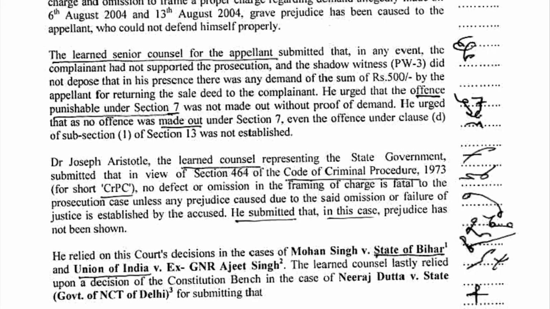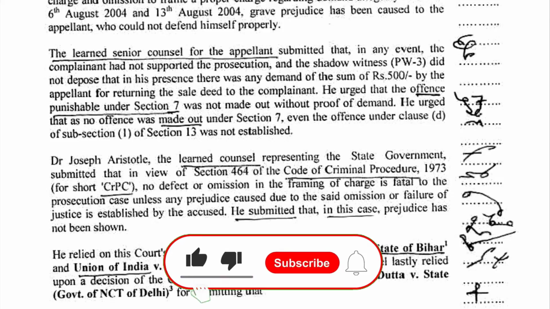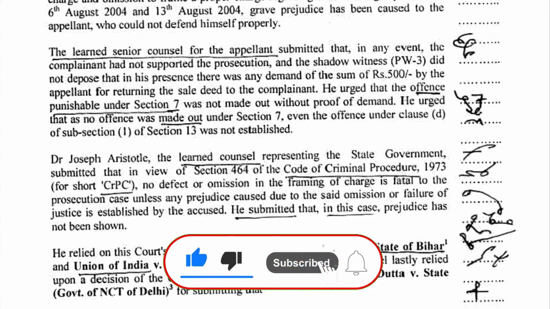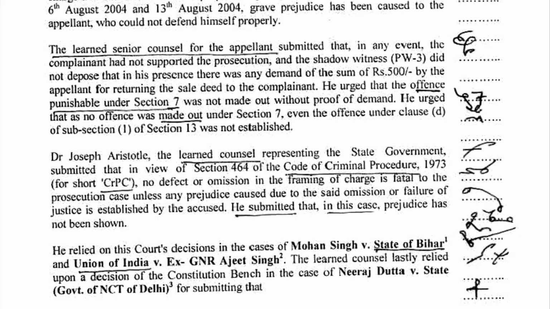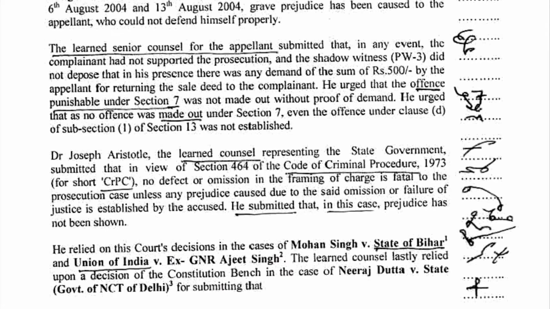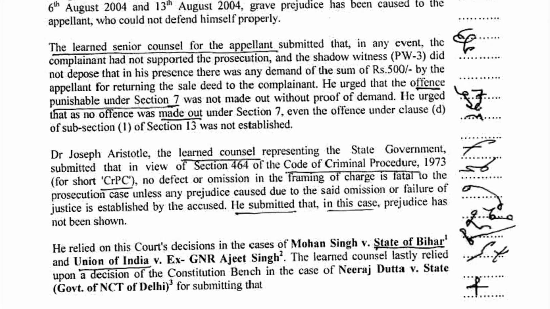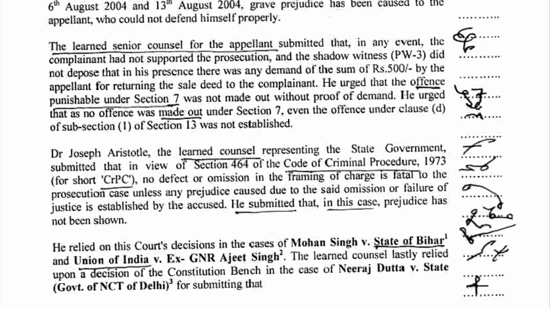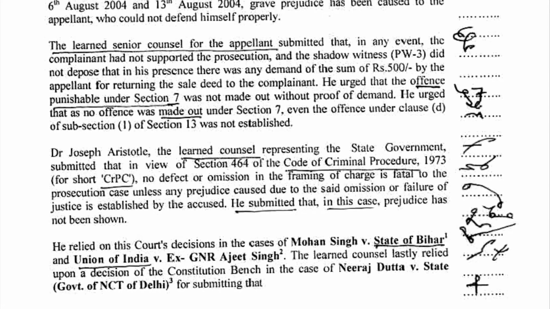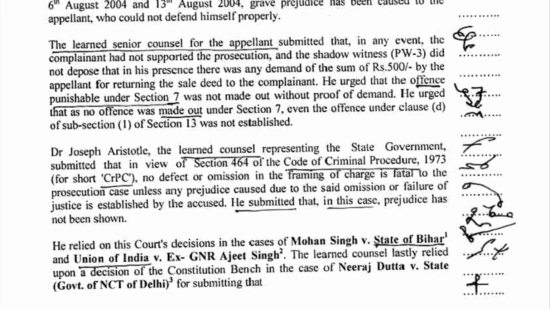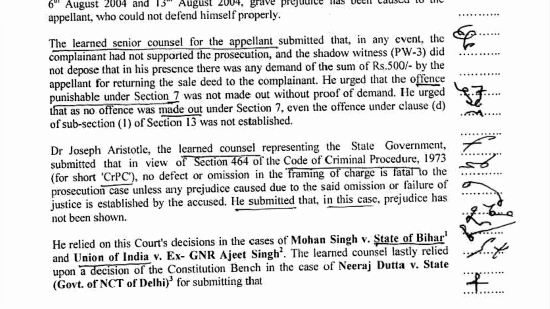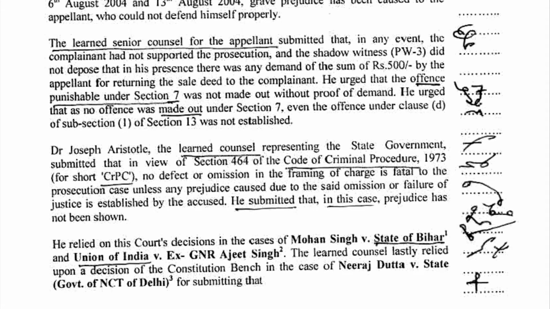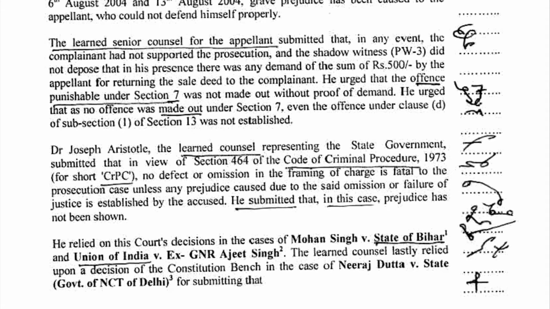Dr. Joseph Aristotle, the learned counsel representing the state government, submitted that in view of Section 464 of the Code of Criminal Procedure, 1973 (for short CrPC), no defect or omission in the framing of charge is fatal to the prosecution case unless any prejudice caused due to the said omission or failure of justice is established by the accused. He submitted that in this case prejudice has not been shown.